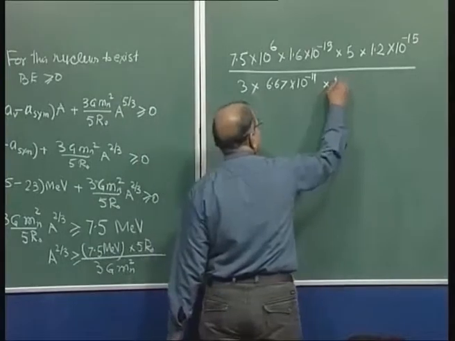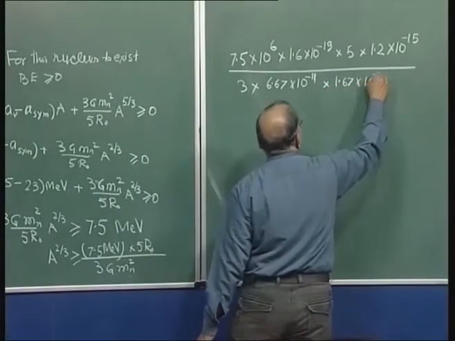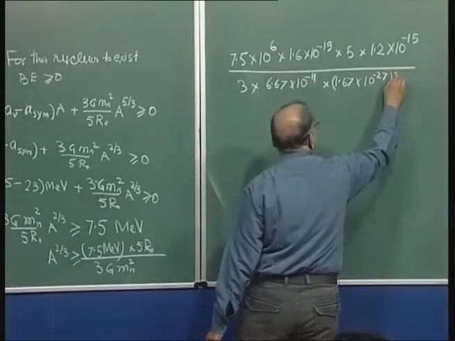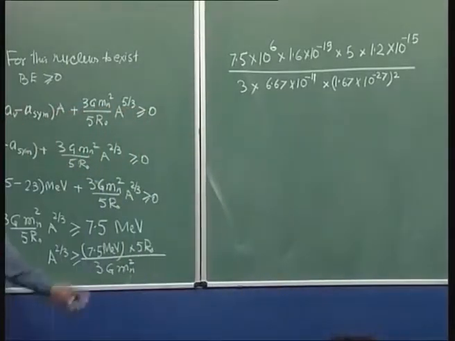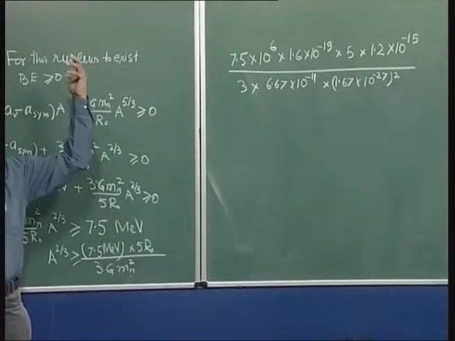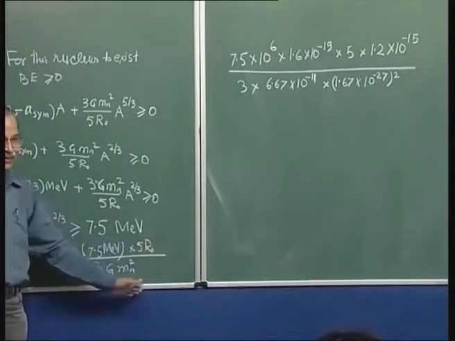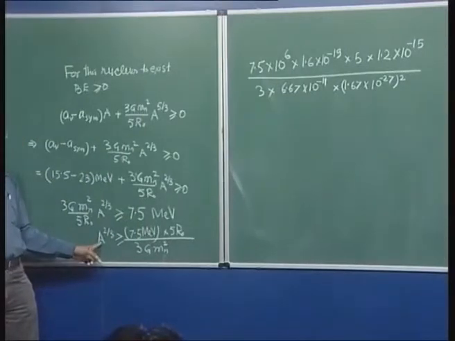How much is this? 1.67 times 10 to the power minus 27 kg, squared. And this should be unitless, this is capital A to the power 2 by 3 that we are computing. So, if I have written everything correctly in SI units, all those units will cancel out and you will get just a number.